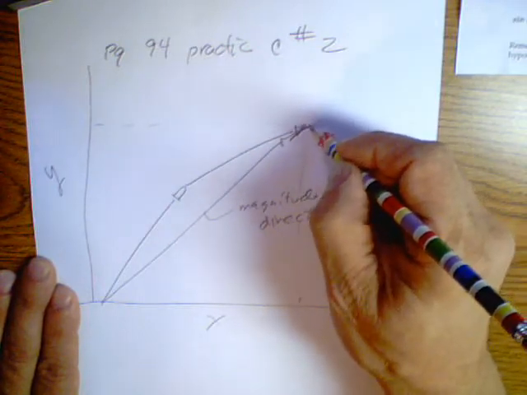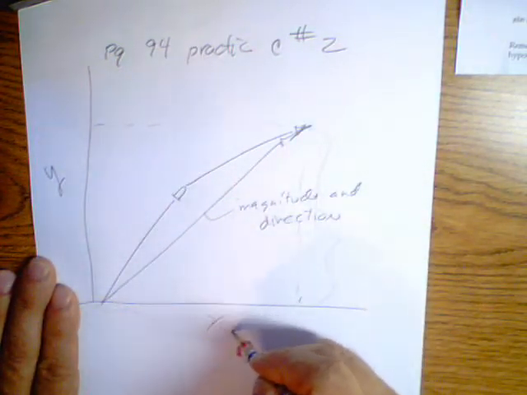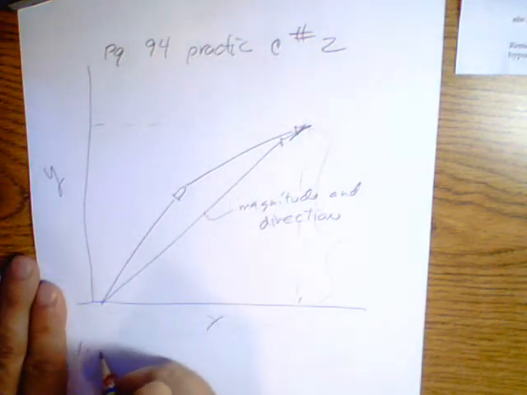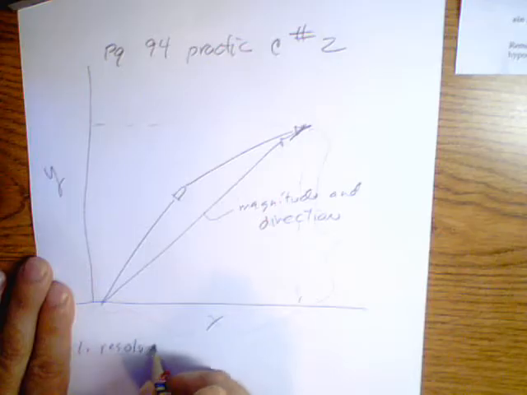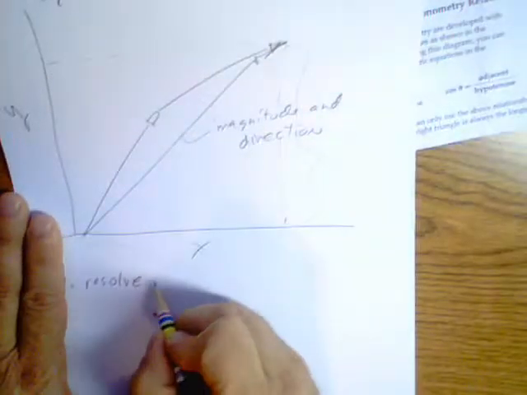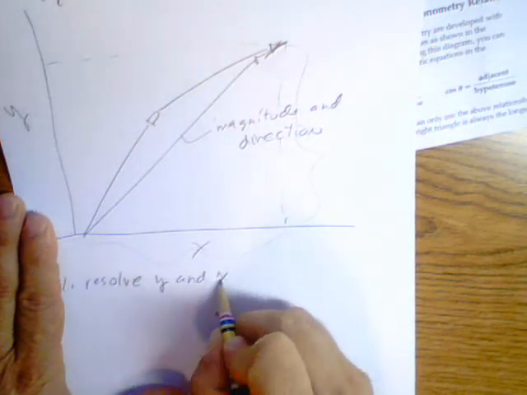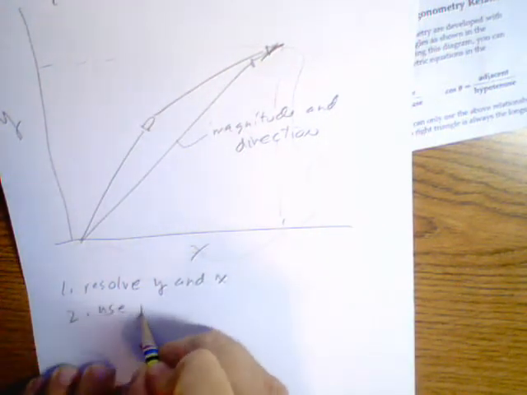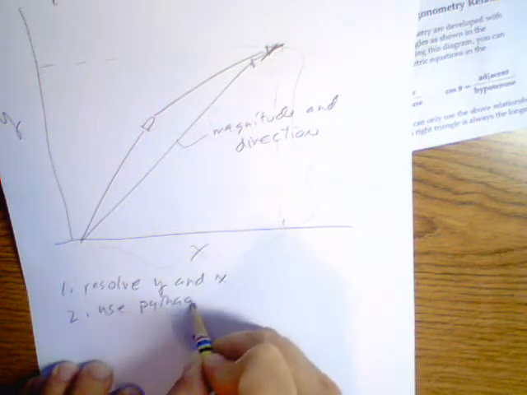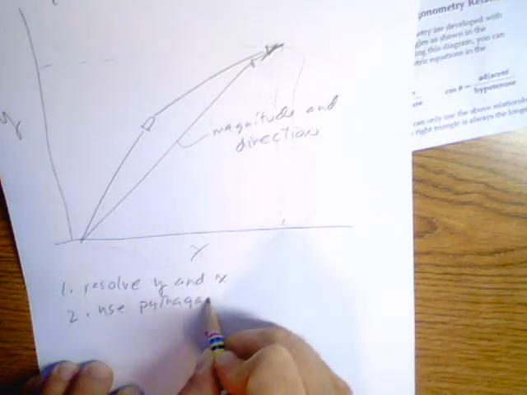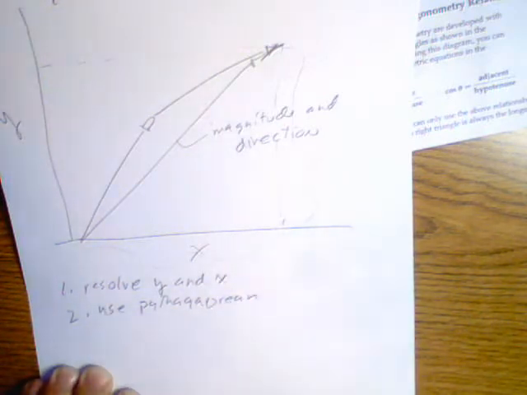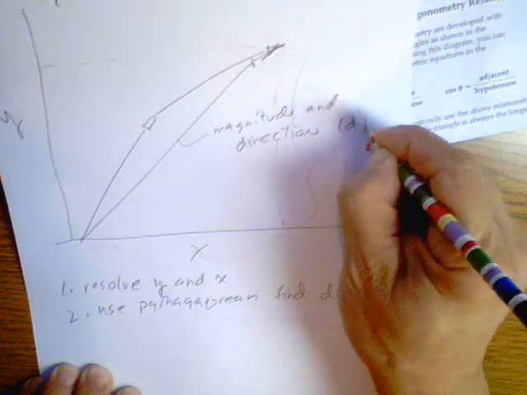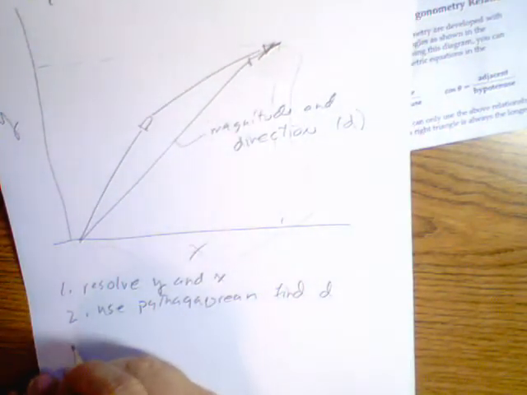Then once you have these values, you could use Pythagorean. So I should write that. One, resolve y and x to make a triangle. Two, use Pythagorean to find d, which is our displacement.